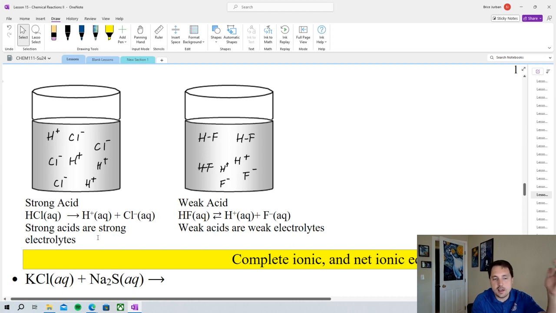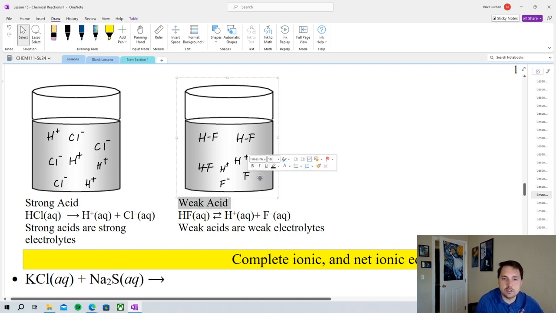It doesn't have to be an acid, but any ionic compound that dissolves, or any acid that dissolves very well, is called a strong electrolyte, because this solution can now conduct a lot of electricity. Whereas this other solution over here has some ions, but not very much.